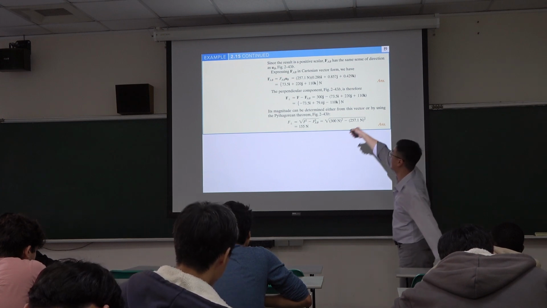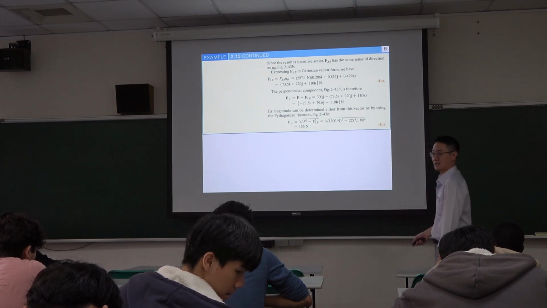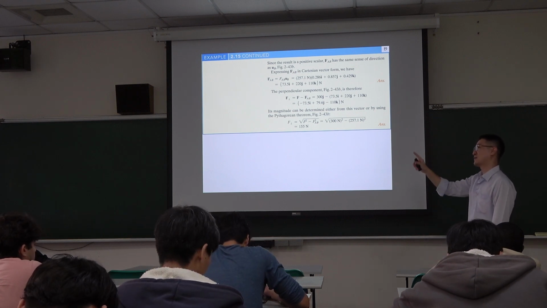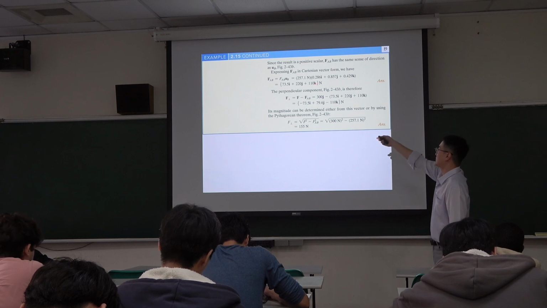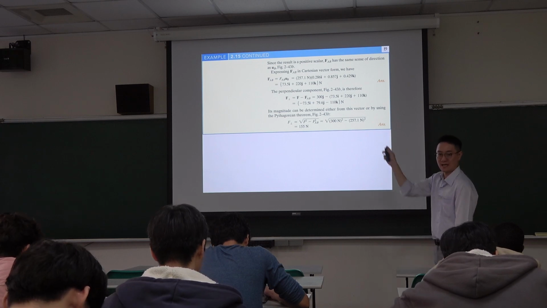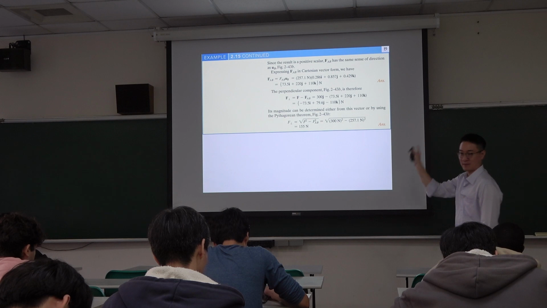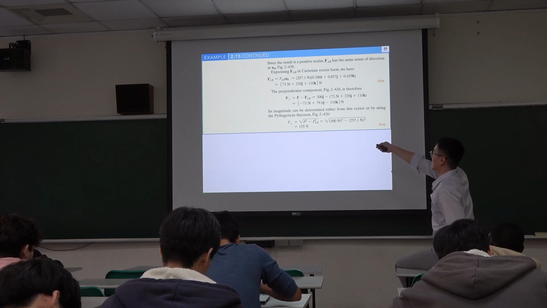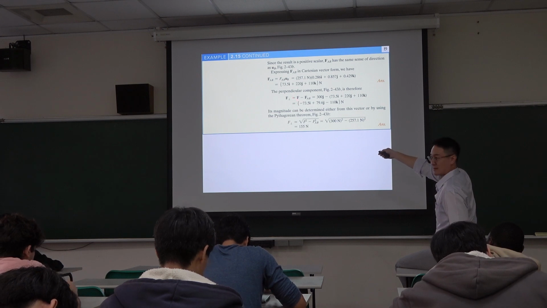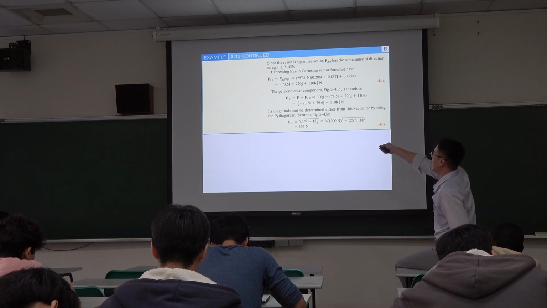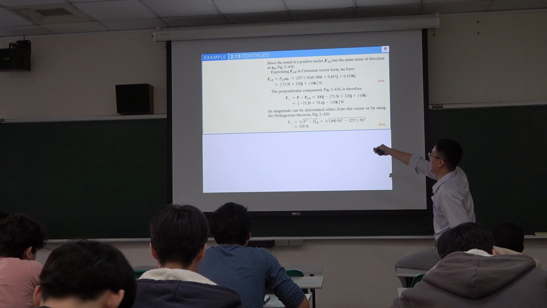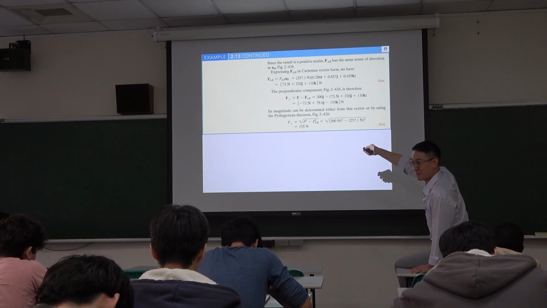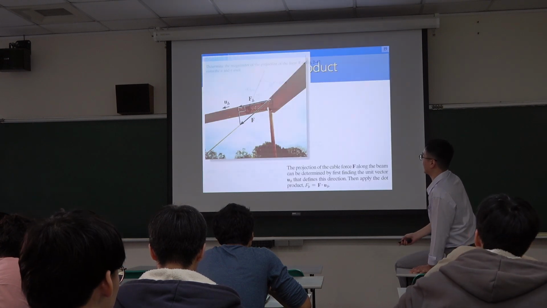So here is the force vector parallel to the AB element. Then we use the force vector minus the parallel component, which gives us the perpendicular. This part comes from the previous slide here.